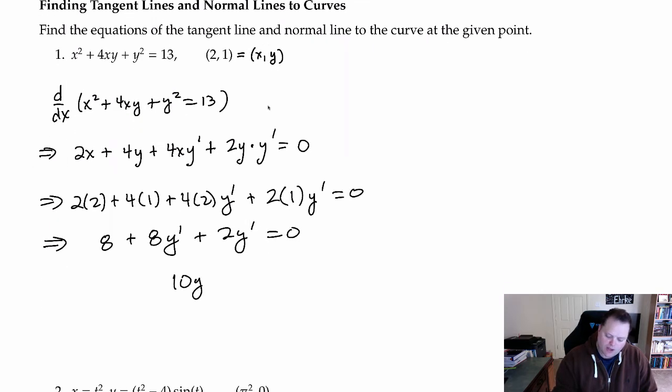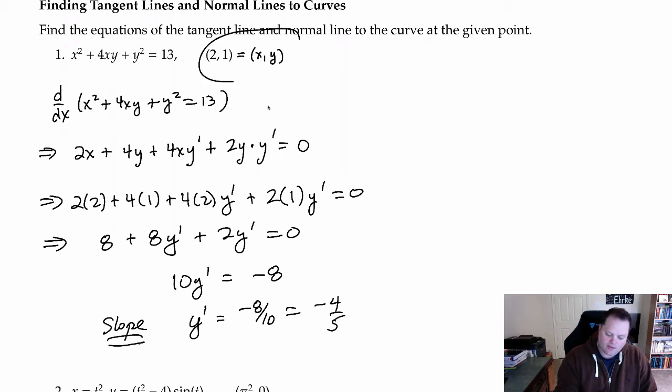So 10y prime is negative 8, or y prime is negative 8/10, or negative 4/5. So this is my slope, and this is my point.